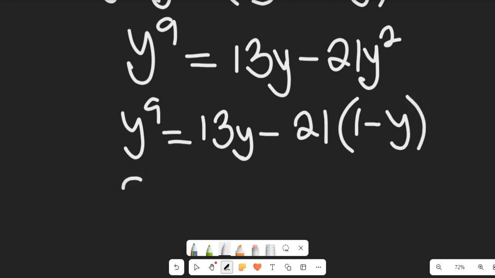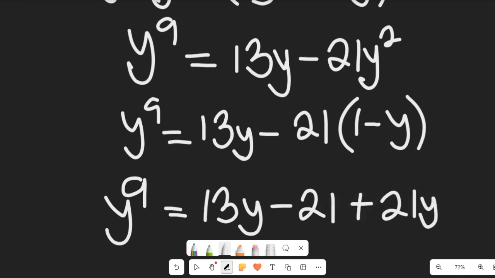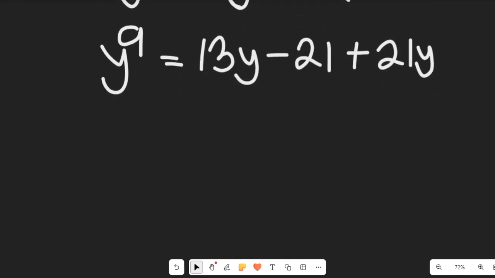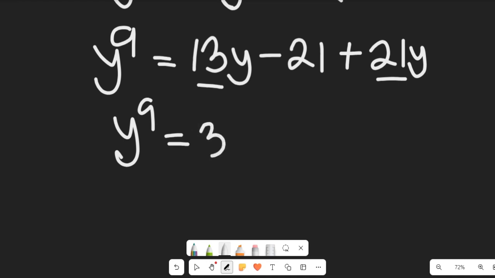Now let's simplify this. We'll have y to the power of 9 equal to 13y minus 21 plus 21y, right? Good. Now, having gotten that expression, we'll simplify y to the power of 9 to be equal to 13y plus 21y, which is going to give us 34y minus 21.